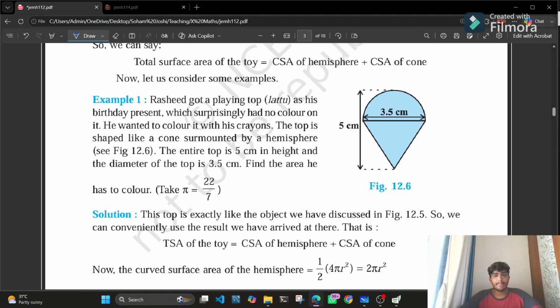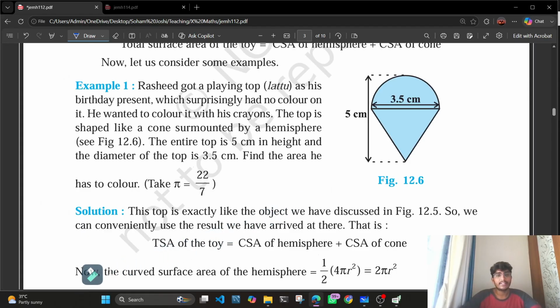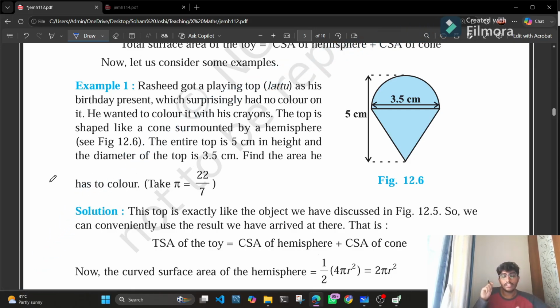Let's take an example quickly so that we can finish our topic of at least surface areas. Example one: Rashid got a playing top, that is Lattu. You may have seen a top, the one we cover with a thread and then drop on the ground.